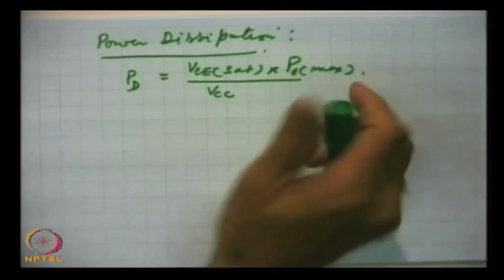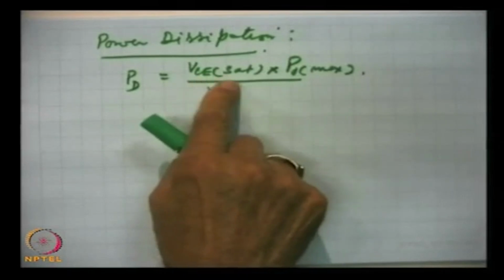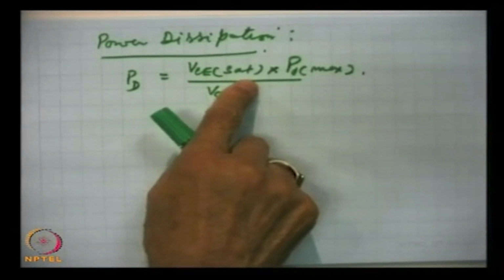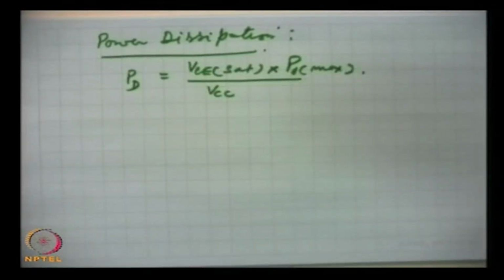So, this is also very small because this VCE set is very small. But one can calculate if we have the data for these voltages and this power, then power dissipation can be calculated. So, that finishes our class C operation, and in fact this module on power amplifiers is complete.